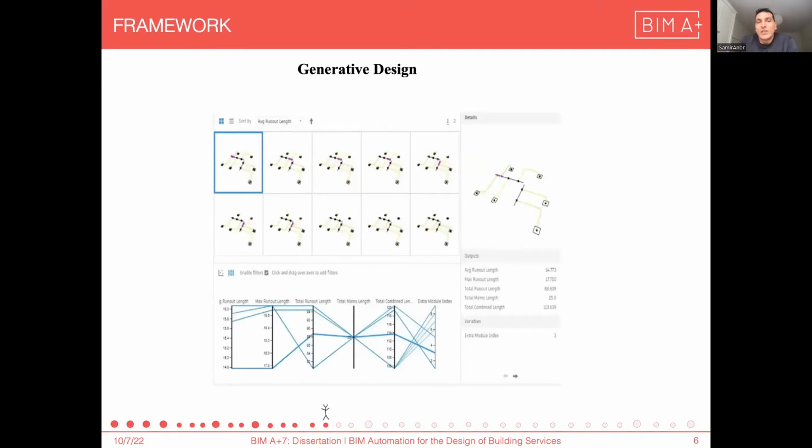First, as a framework in generative design, some of us know about generative design.